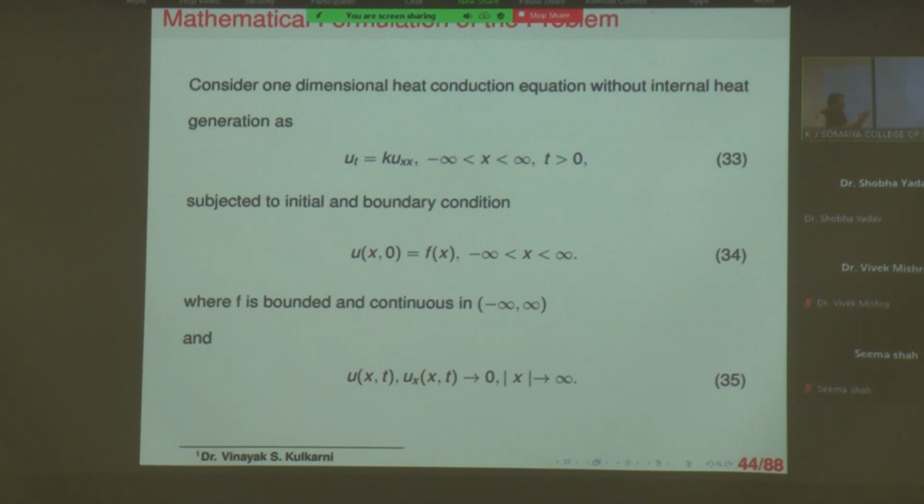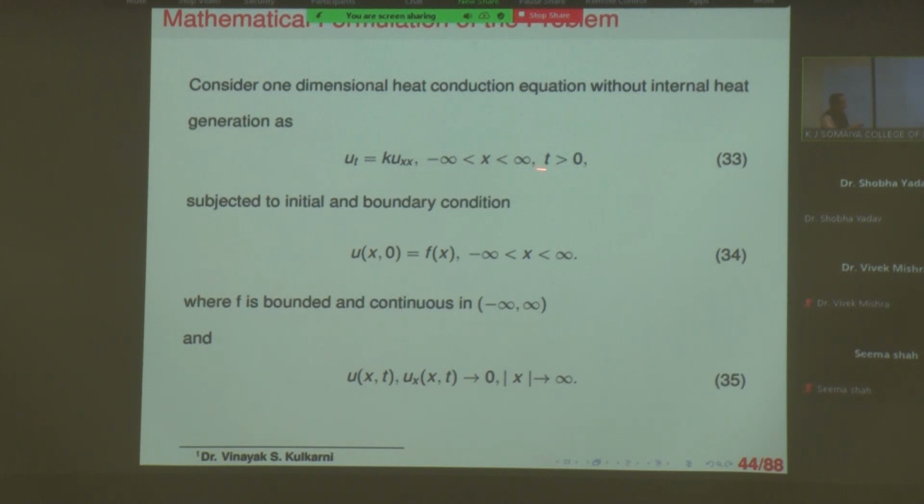So again, as it's a one-dimensional heat equation without internal heat generation, as I told you, heat conduction problems are classified into two particular parts: with internal heat generation and without internal heat generation. If there is no heat generation within the rod, I think yesterday I explained these things, this one-dimensional heat equation is applicable over here. So this is the one-dimensional heat equation.